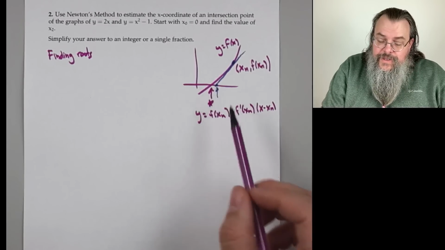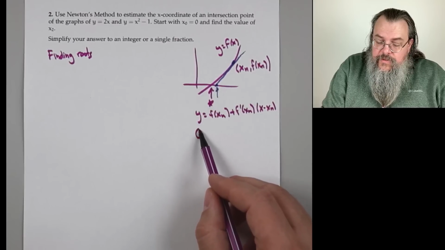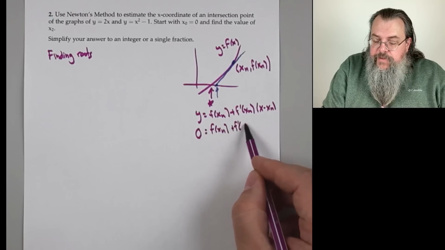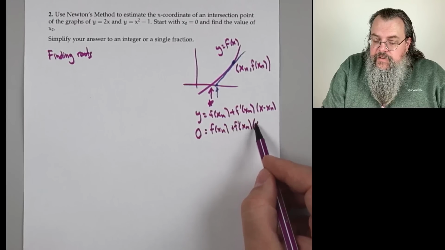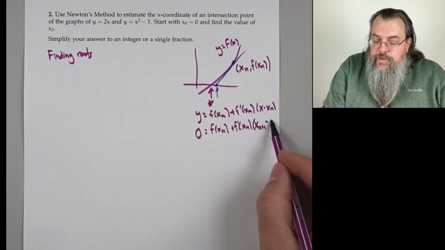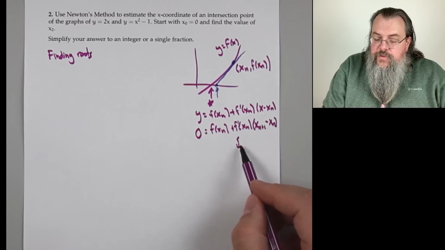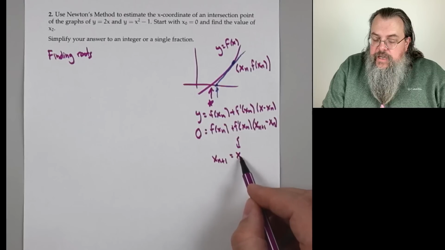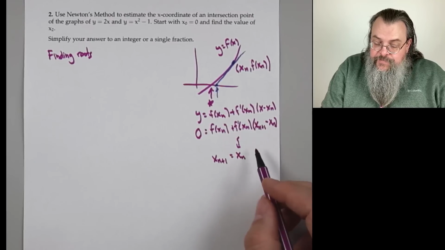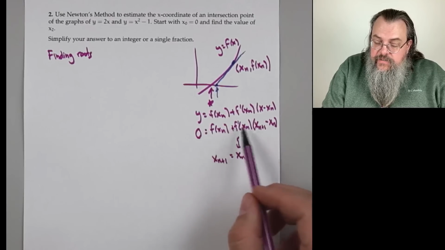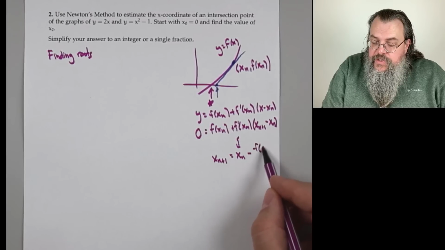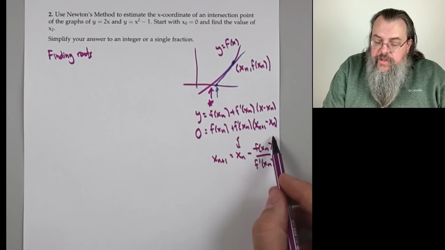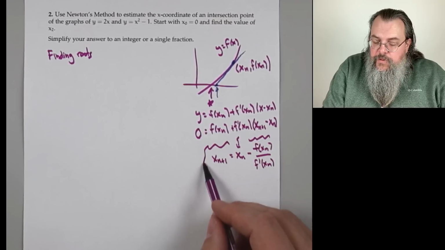It's at 0. So, you say 0 is equal to f of xn plus f prime of xn times, and this is the key, what our next guess will be, minus xn. And if you just rearrange that, our next guess is our current guess plus a correction. And to find the correction, you subtract and divide, so minus the function over the derivative.